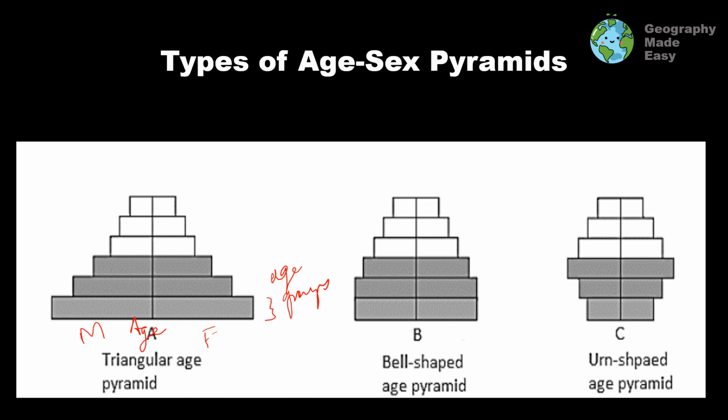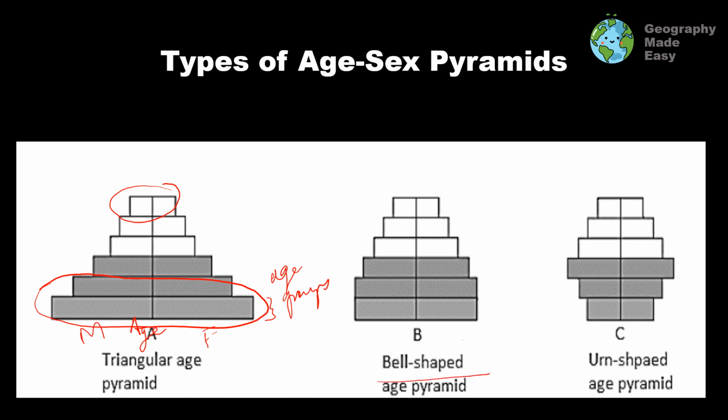The triangular age pyramid is commonly seen in developing nations, where the young age, which is 0 to 5 years or 0 to 10 years, depending on how the demographer has chosen the age groups, has a base that is always very broad, meaning that the number of children being born into this particular country is much larger compared to the number of people who are living up to 80 years or 60 years, whatever it is.